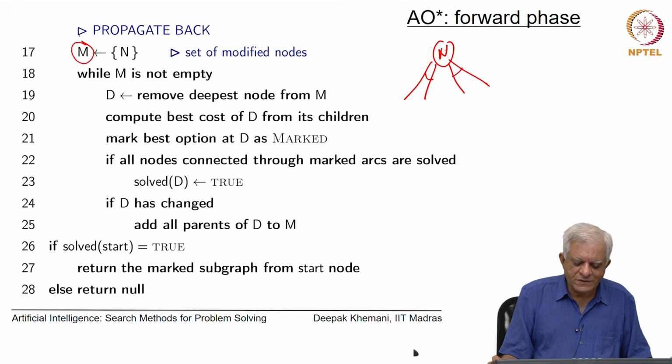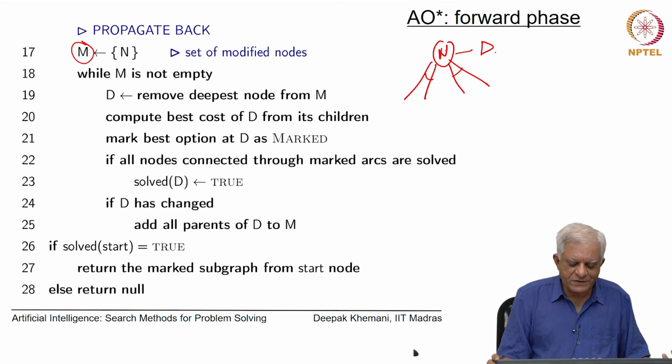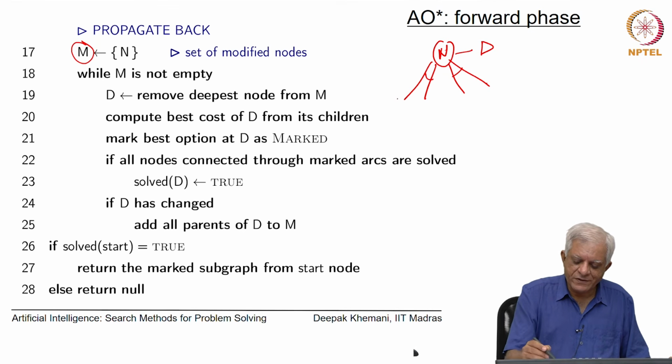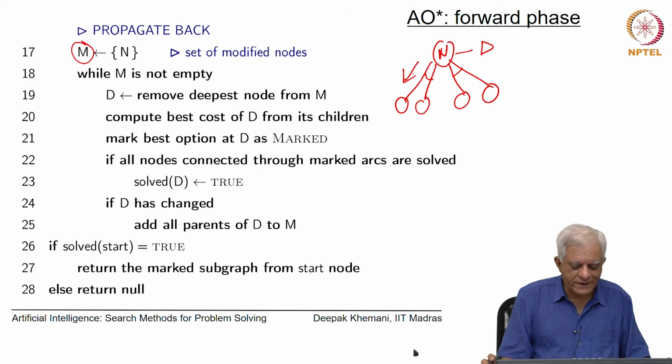We remove the deepest node from M. In this case, there is only one node and we call it D. So, now this node n we are calling D in this algorithm. Compute the best cost of D from its children. So, D has these 4 children, and whichever is the best cost, we compute that and back it up to n essentially.